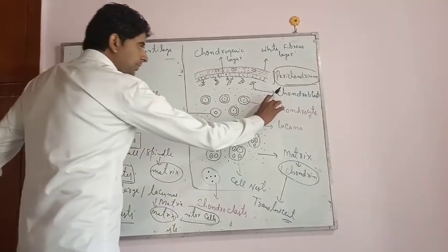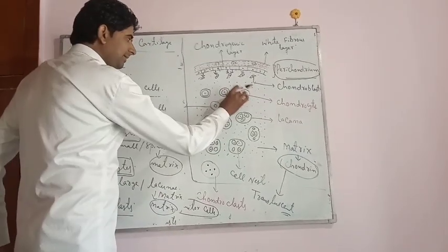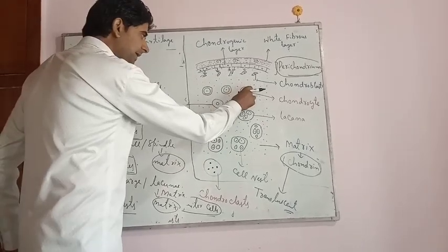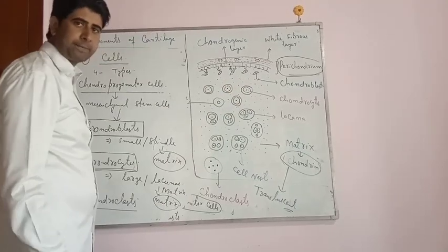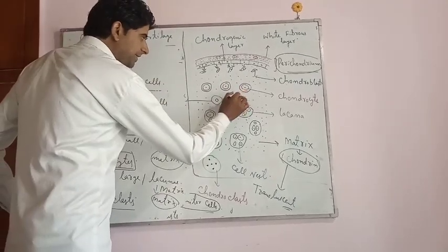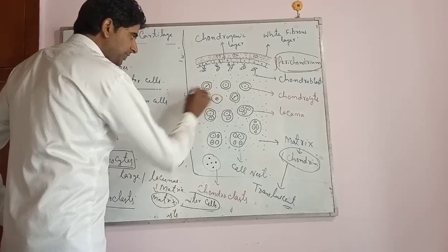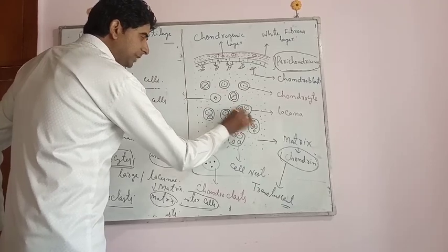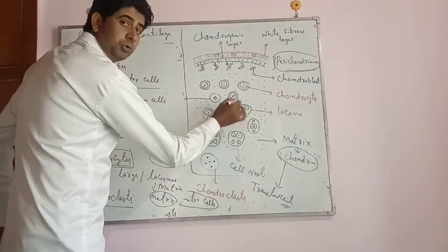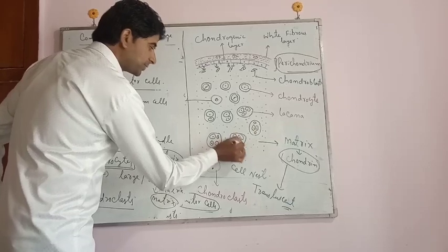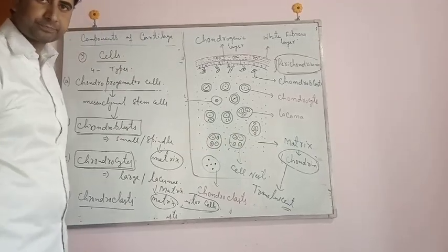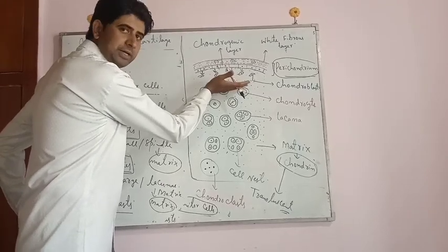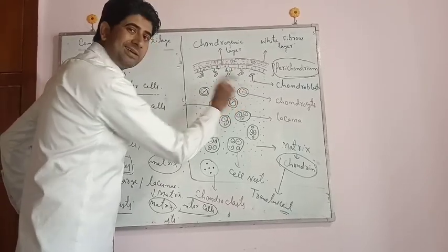Normally, ये जो chondrocytes हैं, these are single per lacunae. That means एक lacunae में एक ही chondrocyte होती है. But later on, the chondrocytes undergo the division. That means later on the lacunae may contain either 2, 3 or 4 chondrocytes in them. So initially, in the upper side of this cartilage, the lacunae may contain only a single chondrocyte.